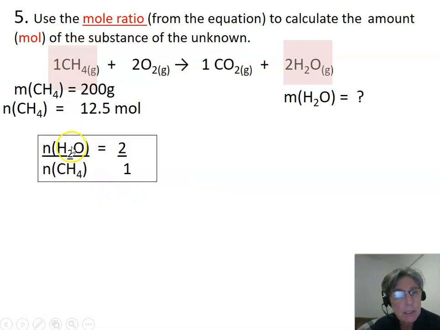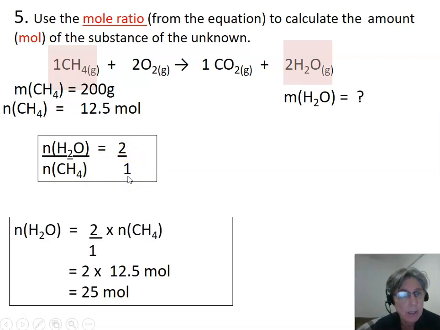So what we want is the number of moles of water. What we've got is the number of moles of methane. How do they go together? The 2 goes with the water, and the 1 goes with the methane. So it's a 2 to 1 ratio.